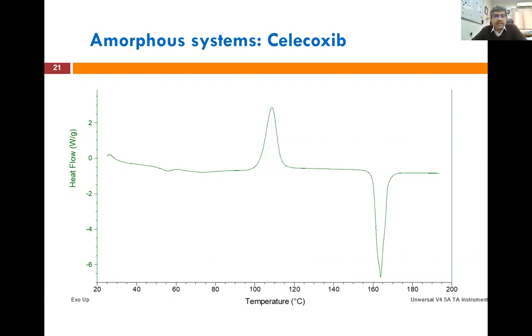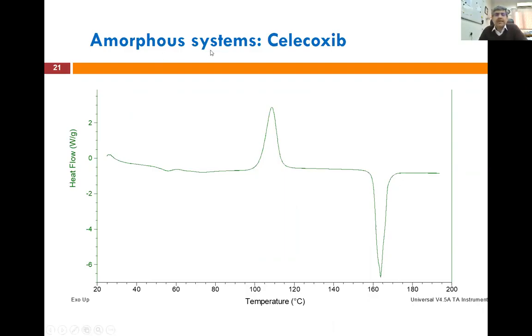So they are used as an enabling technology for poorly water soluble drugs. But the downside of using the amorphous form is that it is physically unstable and it can convert back to the crystalline form, which is the thermodynamically more stable form.